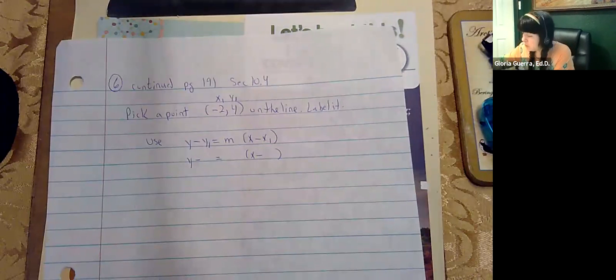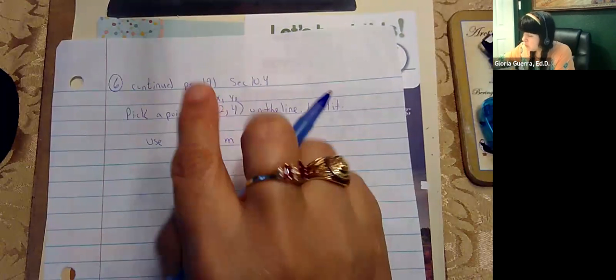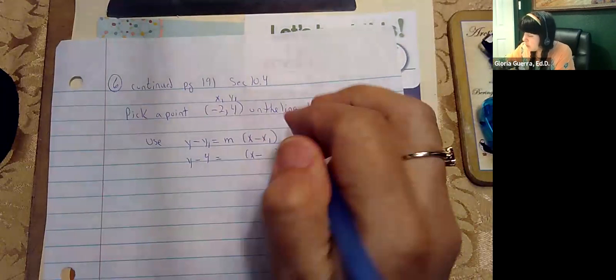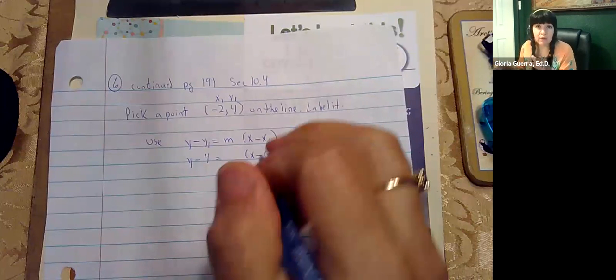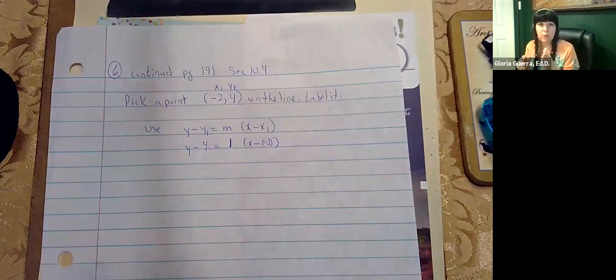But y1, you can call it 4, and x1, you can call it -2. And then m from your previous work was 1. See, now you don't have the involvement of any zeros. So now you have a number for y1, a number for m, a number for x1.